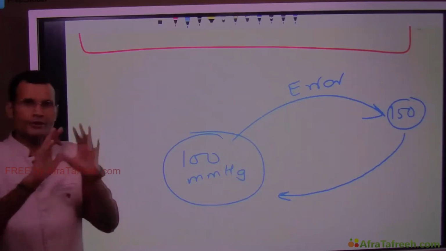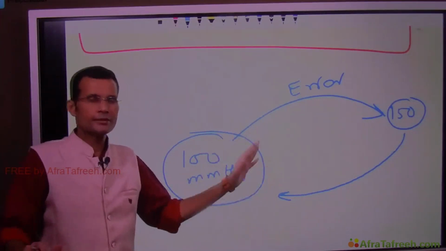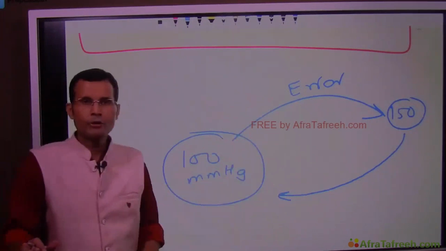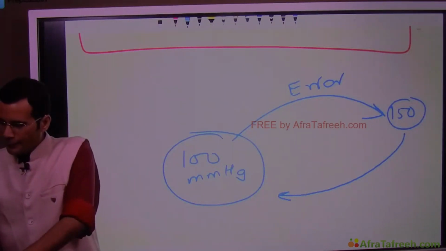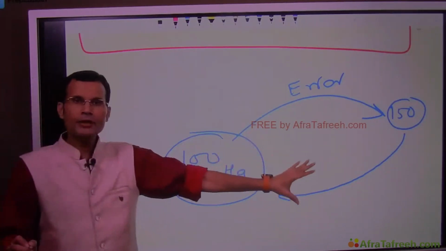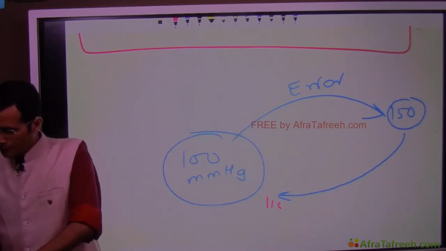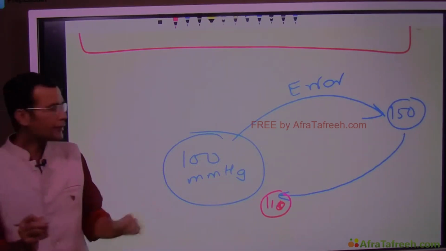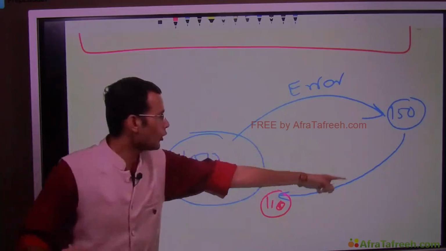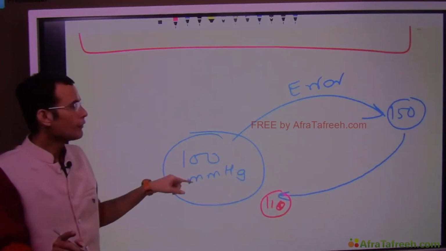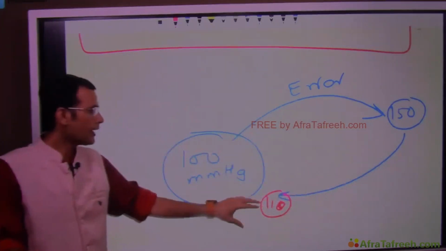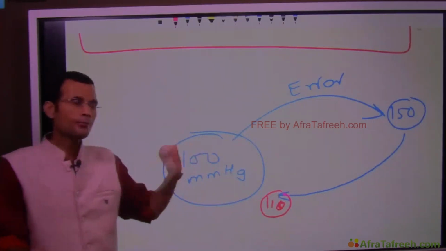But now, this is just an example to illustrate the formula. Let's say this particular BP regulating system brought the blood pressure down to 110 mm of Hg. It did not go all the way back to 100. From 150, it came and stayed at 110.